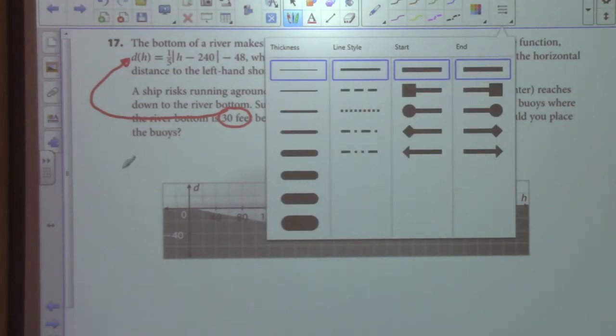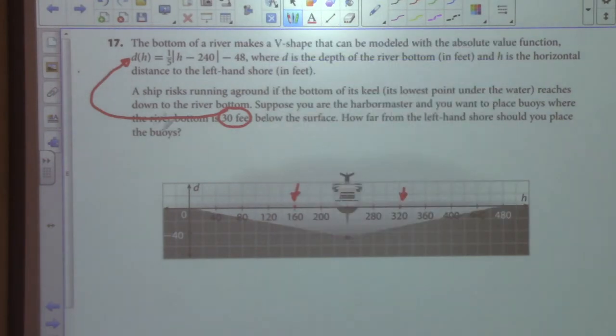It's D of H, right? So if we put 30 on the left side and set that equal to 1/5 absolute value of h minus 240, minus 48, would that be an equation we could use for this? And does that look right to you?